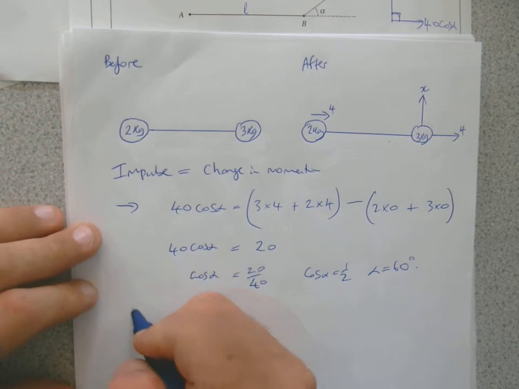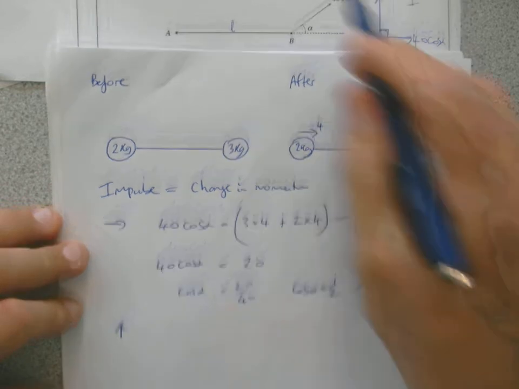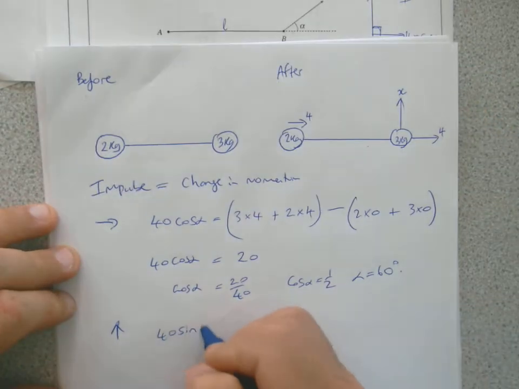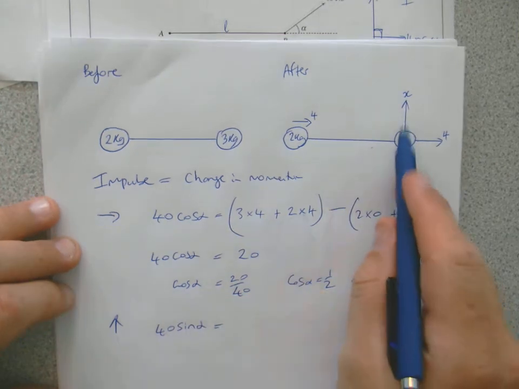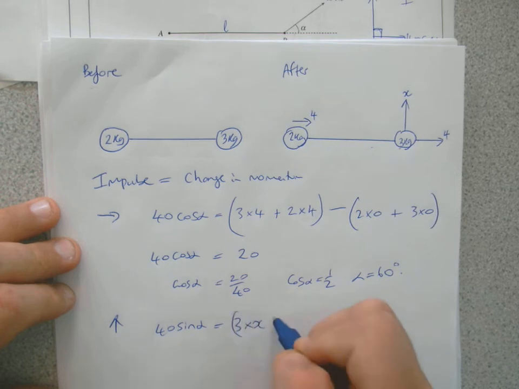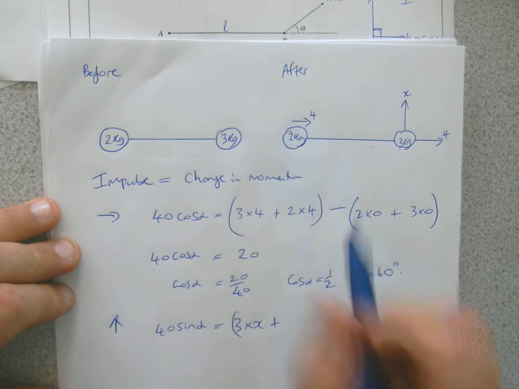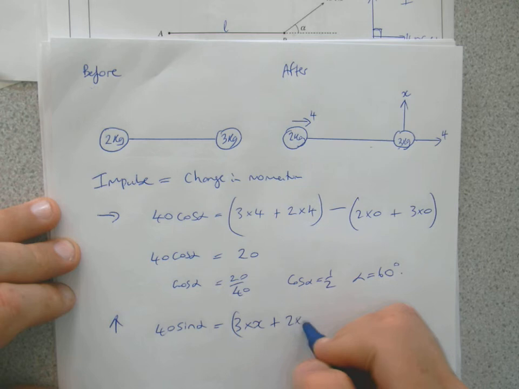Now we can resolve the impulse perpendicular as well. Perpendicular, it was 40 sine alpha. Momentum after will be 3 times x, plus 2 times 0, because there's nothing going perpendicular for A. Remember, it's going in the direction of the string.